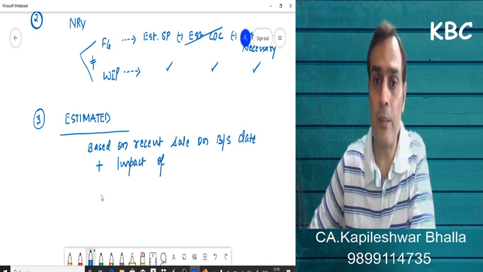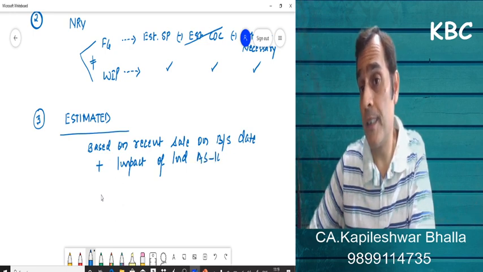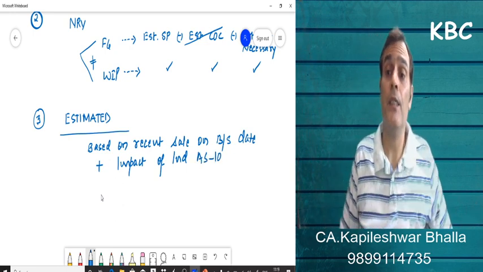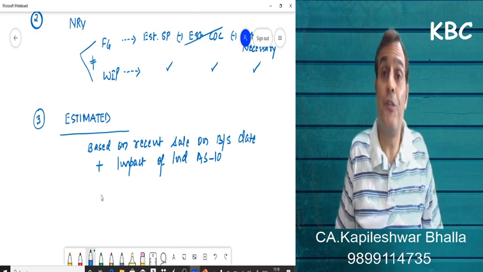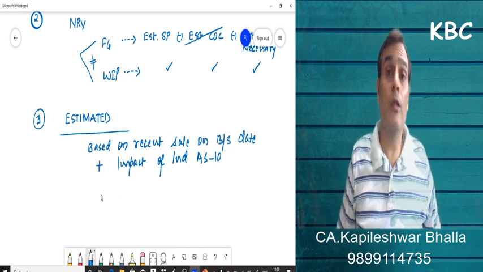So we'll also have to look into the subsequent events arising post the balance sheet date and see whether they impact the estimation of NRV on a balance sheet date.